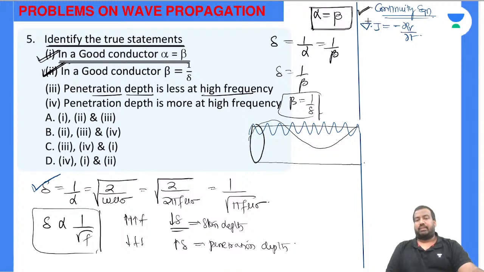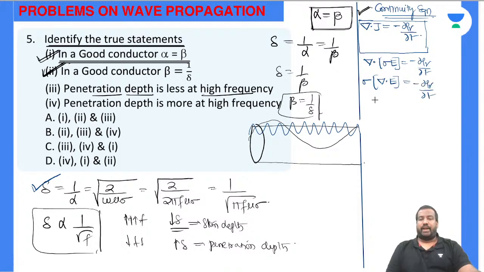This is the continuity equation. J is sigma E. Del dot sigma E is minus dou rho v by dou t. Sigma times del dot E is minus dou rho v by dou t.